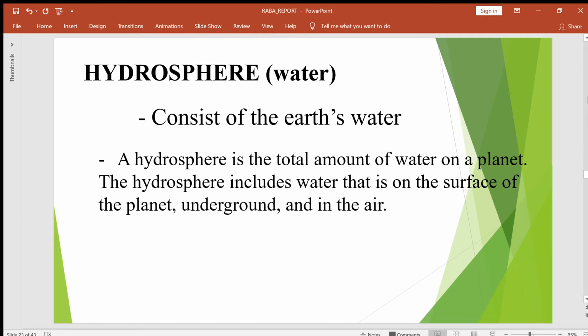The second component is the hydrosphere, or water. The hydrosphere consists of Earth's water. A hydrosphere is the total amount of water on a planet. It includes water that is on the surface of the planet, underground, and in the air.